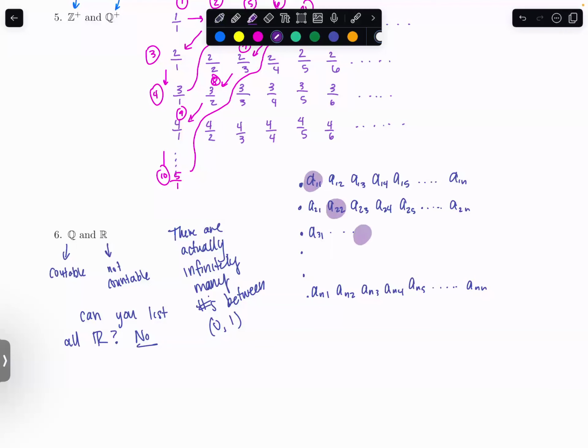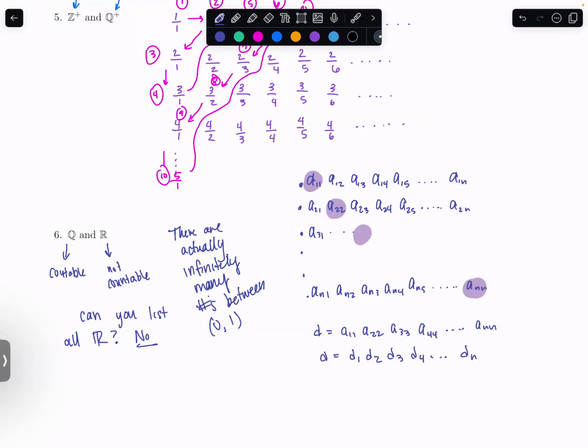So you're looking at these diagonal entries, A11, A22, A33, A44 to ANN, and we're coming up with this number D. We'll call this D1, D2, D3, D4 for diagonal entry 4, and so on, DN here.